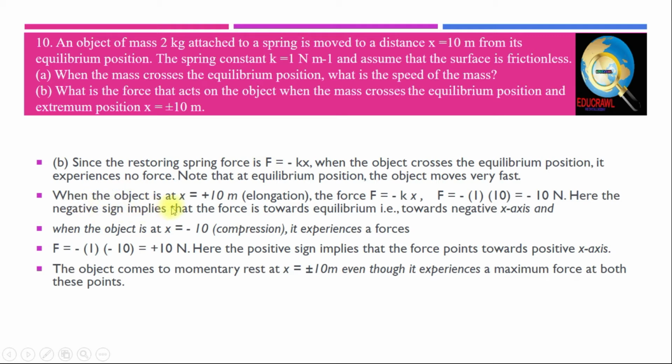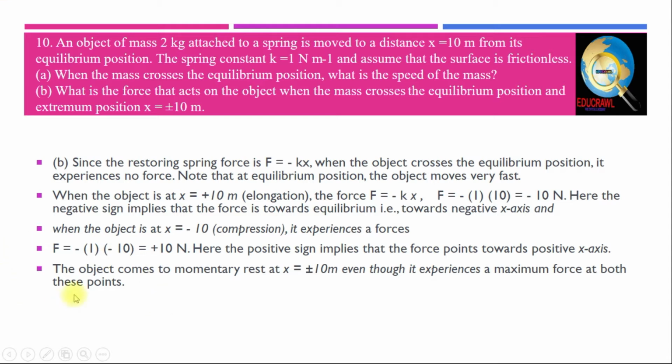Next, when the object is at x equal to 10 meter, they are asking us to find the restoring force. So substituting x equal to 10 in F equal to minus kx, you have F equal to minus 10 Newton. The negative sign shows that the force will be towards the equilibrium, that is towards the negative x-axis. Next we have to find for compression.